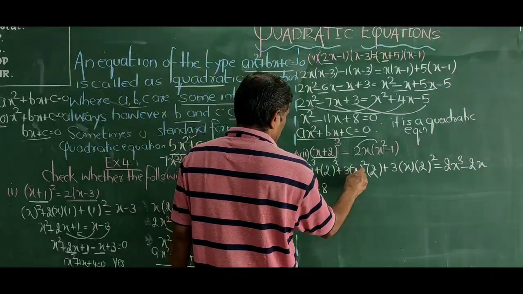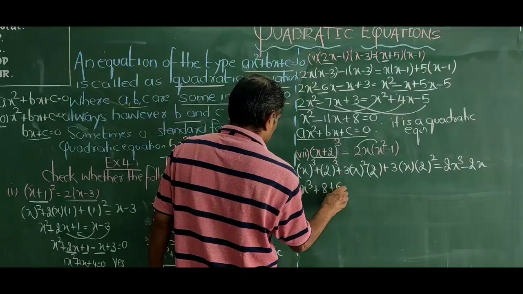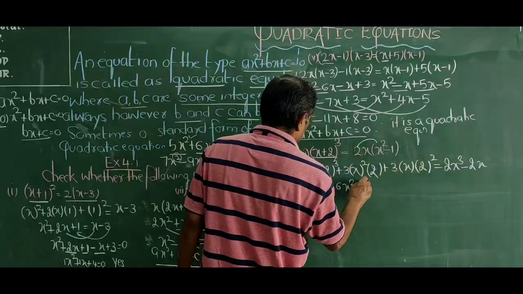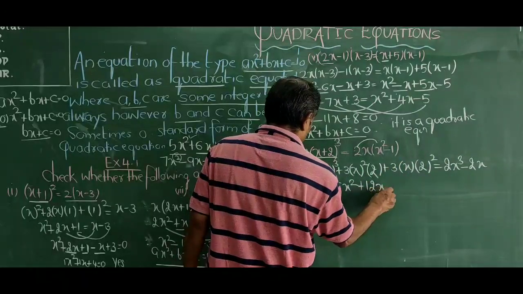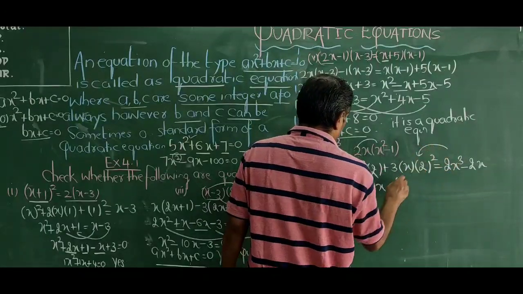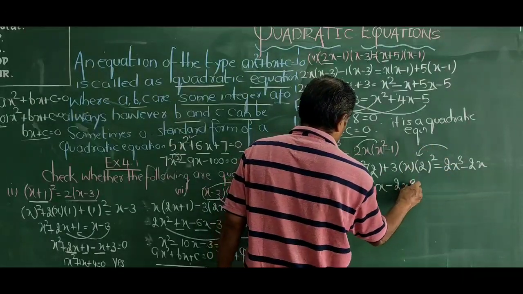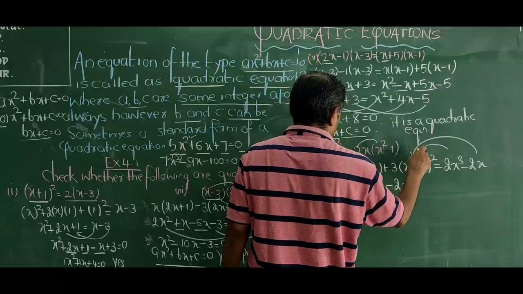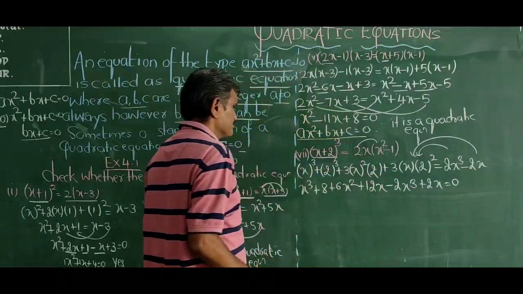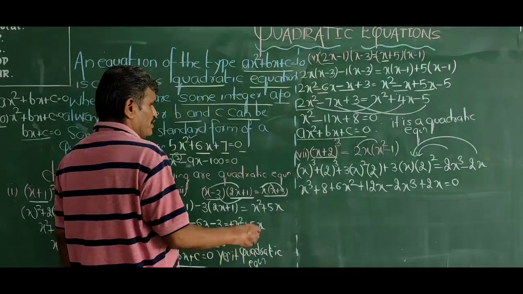This becomes 3x square into 2 is 6x square. 2 square is 4, 4 into 3 is 12. This becomes 12x. This 2x cube I'll transpose to the left side. It will become minus 2x cube. Minus 2x I'll transpose to the right side. It will become plus 2x equal to 0. Now let me simplify.